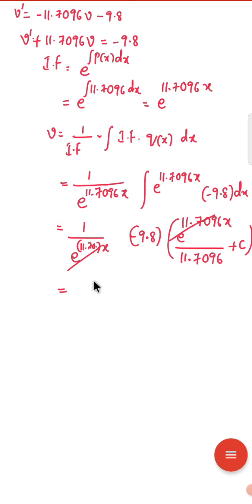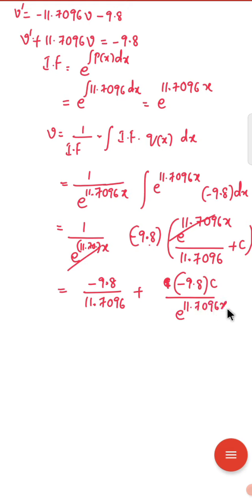So we have minus 9.8 divided by 11.7096 plus c. This 9.8 is multiplying the c also, c by e to the power of 11.7096 x, right? So this is our v.